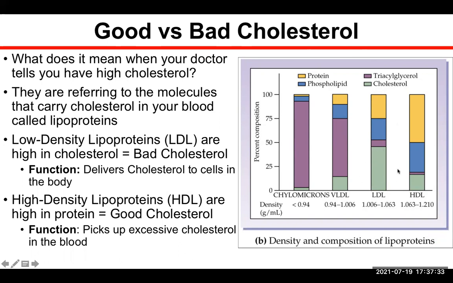And so this particular lipoprotein, what it basically does is once your fats make it into your body, this type of lipoprotein is going to basically deliver cholesterol that you consumed to different parts of the body. And again, one of the main things that your body needs it for is the cell membrane. And so every cell in your body has a cell membrane, so it requires cholesterol. But of course, it's a fine balance.